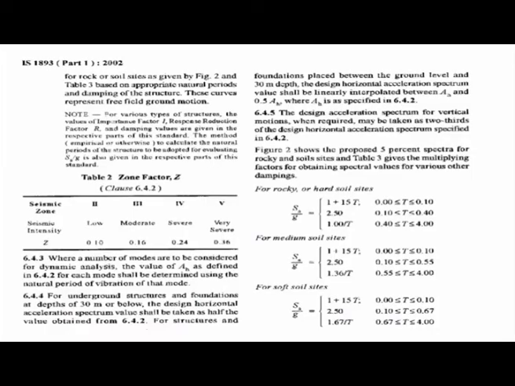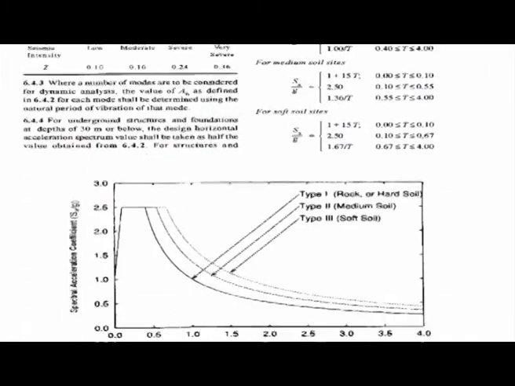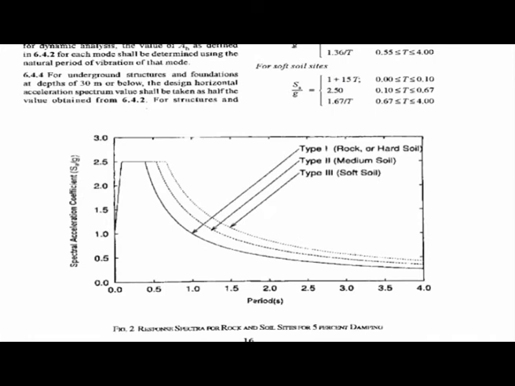So our objective here is that so far this is the information we know. That means type 1 rock or hard soil, type 2 medium soil, type 3 soft soil. From here there is no problem, but after that, with the period more, we get three different curves, one for the hard soil, another for the medium soil, another for the soft soil.